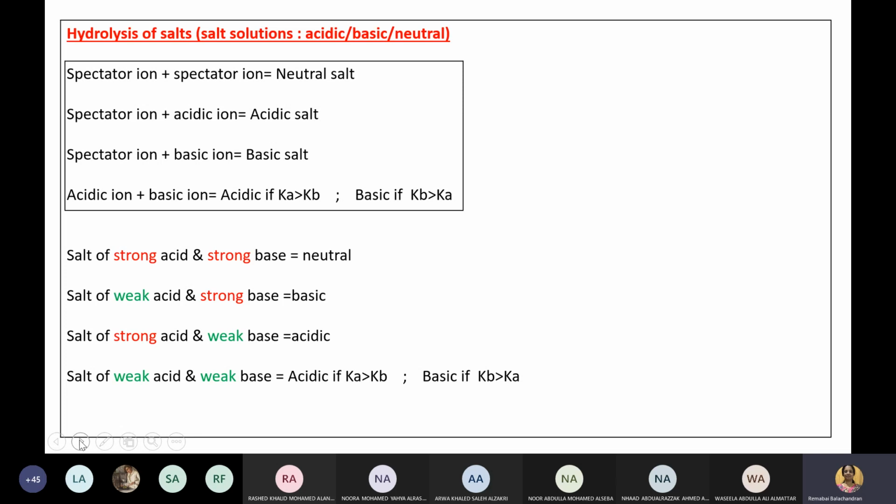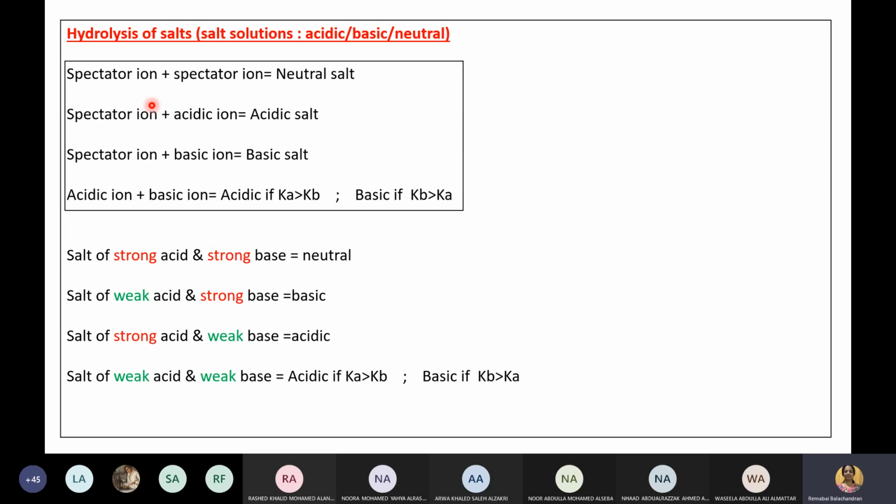Okay, so now this is very easy and very simple. Already we finished all this. Look, hydrolysis of salts. Some salts undergo hydrolysis. That means if an ion present in a salt is not a spectator, it undergoes hydrolysis. If both the positive ion and the negative ion are spectators, the salt is neutral.